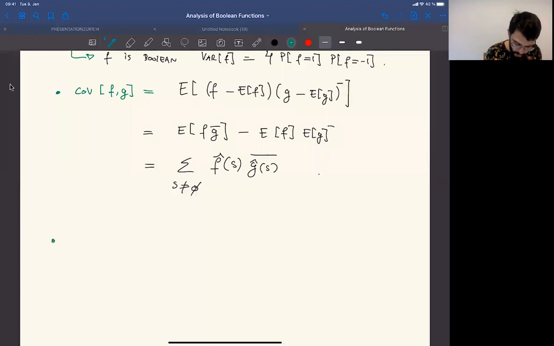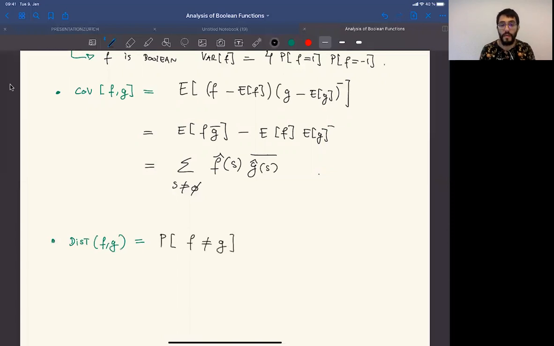Oh, so another thing that I want to define is the distance of two functions. And so by definition, this would be the probability that f is not g. Okay. So again, this is a probability of an event. So that means this is by definition the probability of f(x) different than g(x), where x is uniformly distributed in the Hamming cube.